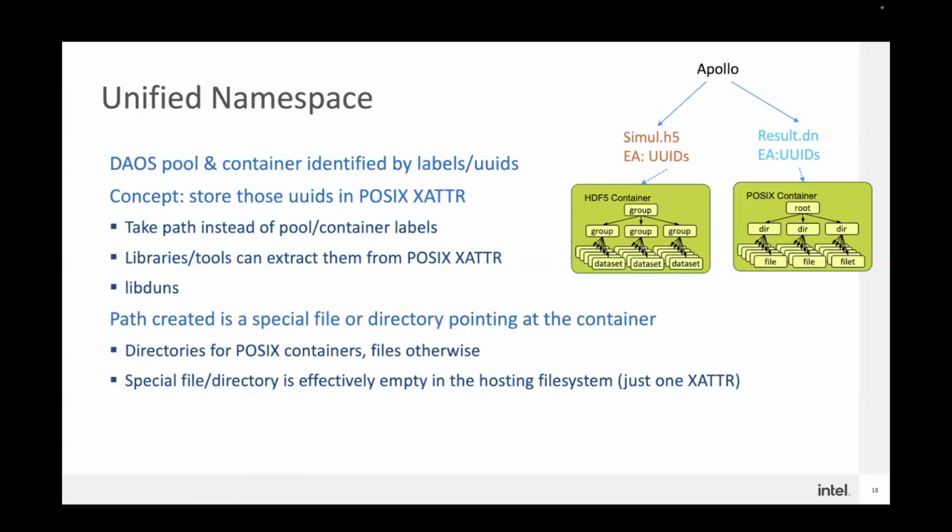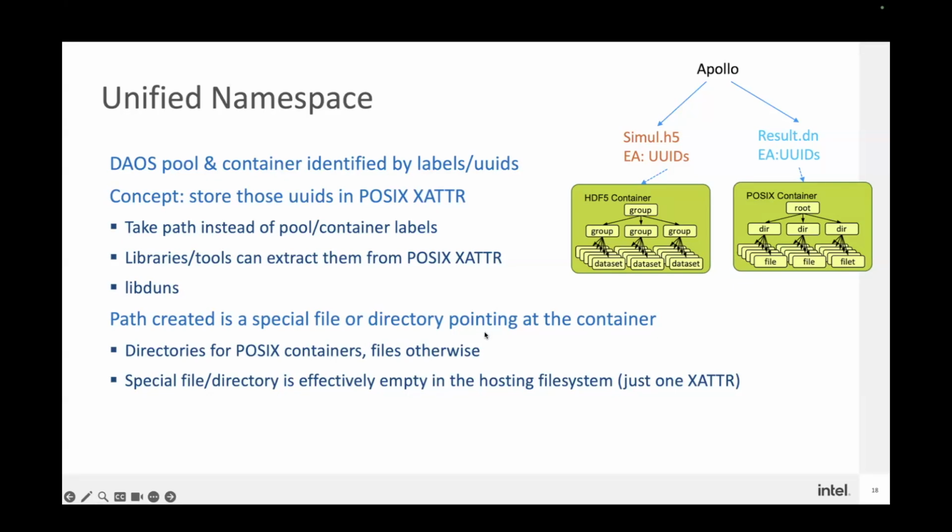Unified namespace is a convenience item. So far, without the unified namespace, you'd be forced to refer to all DAOS pools and the containers within the pools by their labels or by the UUIDs.